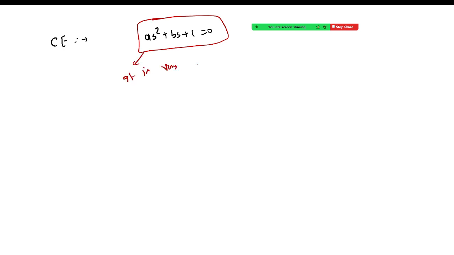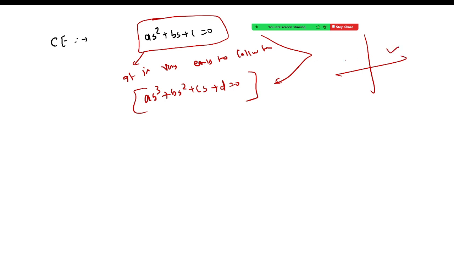Or you can calculate as cube plus bs square plus cs plus d is equal to 0. I mean, for second order and third order, you can calculate the root, and you can understand by this particular method where the root lies, and we can tell the stability and instability of the system.